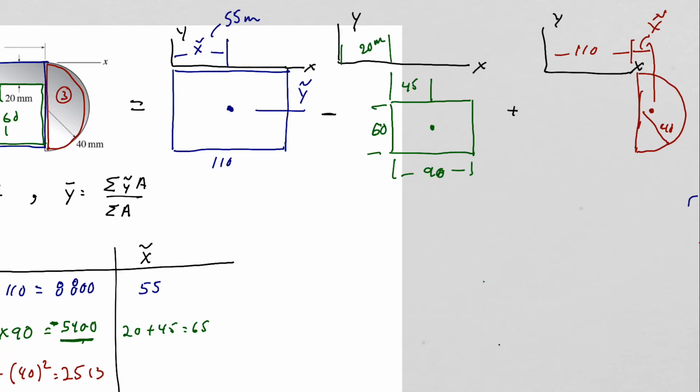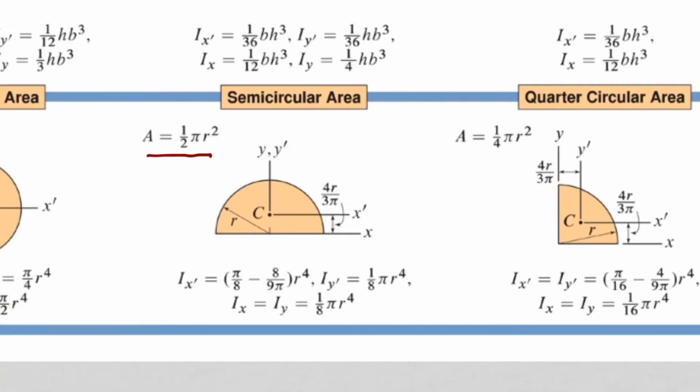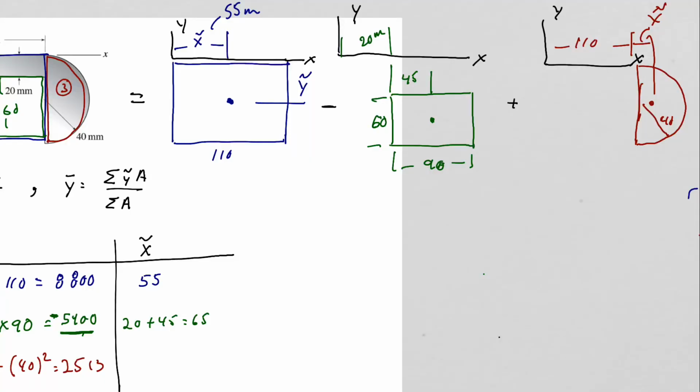Let's look back at our table. If we look in the table, think of this being turned sideways. This is the distance that we're looking for, 4/3 r over pi. So again, this distance, I'm going to bring it down here, is 4/3 r over pi.